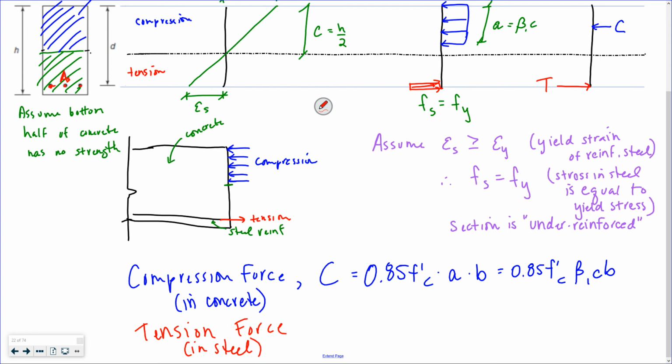I have a stress, Fs or Fy. All I need to multiply it by is the area of steel, As. So these are my two forces that I'm going to have to set equal to each other.